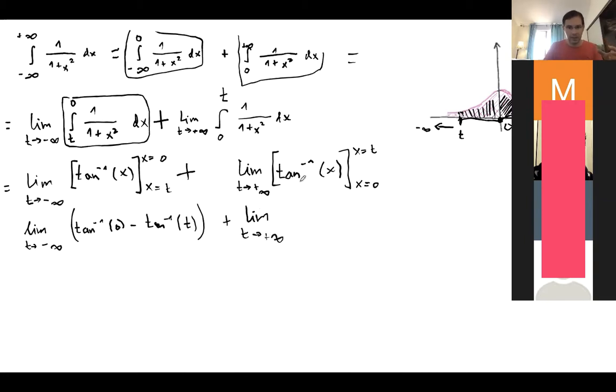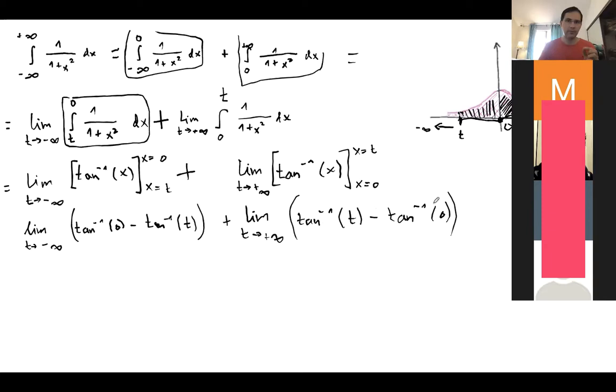This is tangent inverse of t minus the inverse function tangent at 0. Okay, so I have to compute this and this. And now let's see what this limit is equal to.